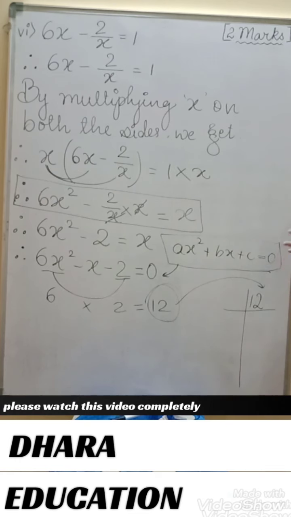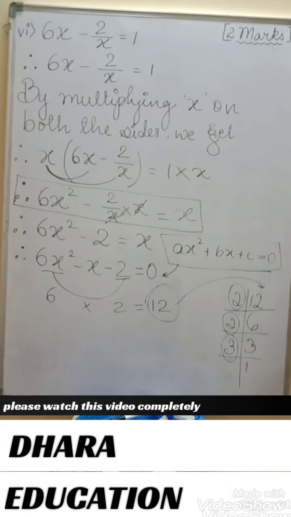As you know, in my previous videos also you have seen this kind of thing. So now we have to take the factorization. 2 sixes are 12, 2 threes are 6, 3 ones are 3. So we are getting 2, 2 and 3.